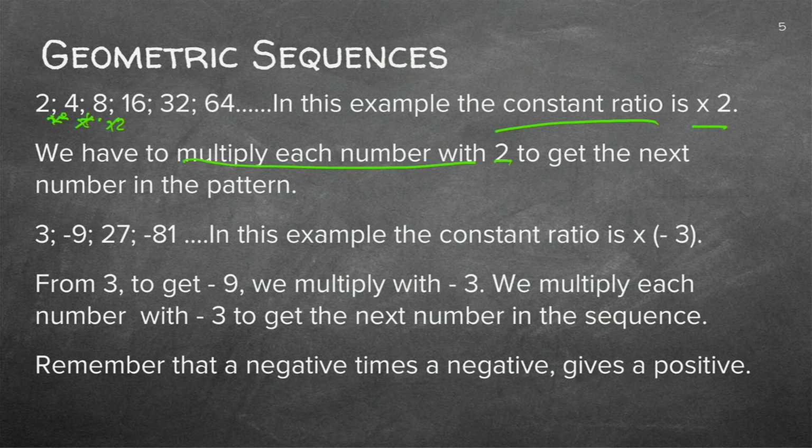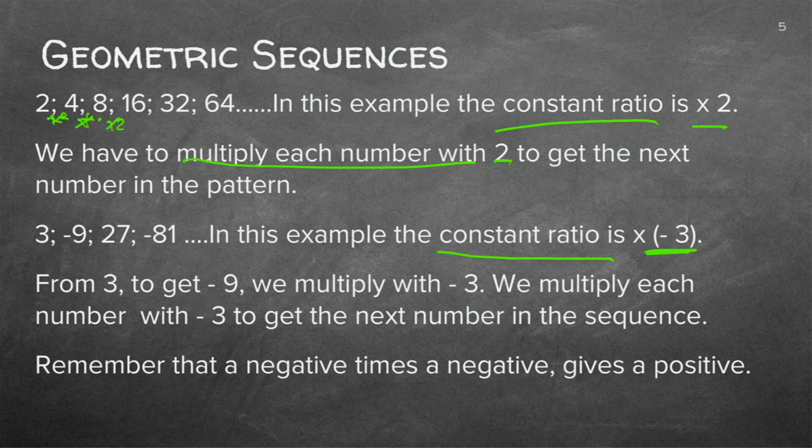Let's look at this example. 3; -9; 27; -81. In this example, the constant ratio is -3. Now, I'm sure you've worked this one out already because you can see that there's a plus, a minus, a plus, a minus.